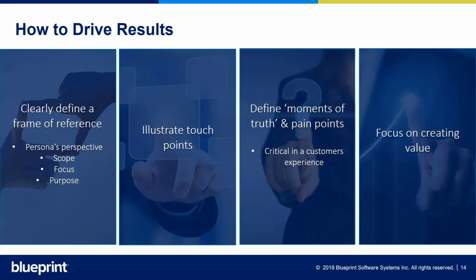You want to determine their point of view and their scope, what they're focused on, and ideally how you intend to use the map. You want to identify the various touch points as well as those moments of truth and focus on creating value to not only improve your operations and your offerings, but to innovate on them.